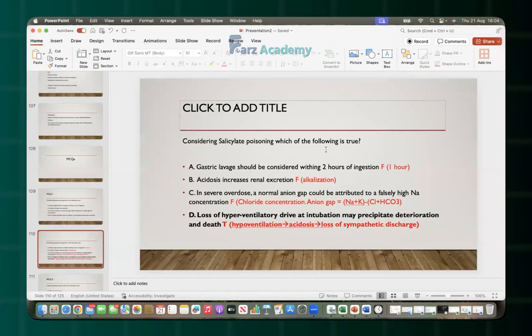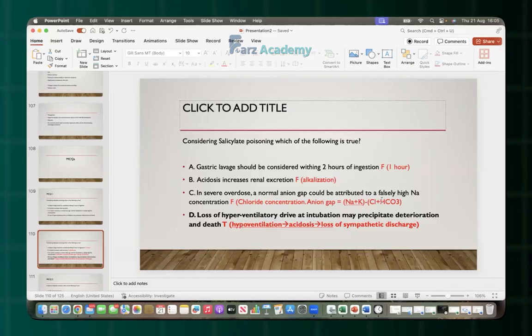In case of severe overdose, a normal anion gap could be attributed to a falsely high sodium concentration. It's false. It's chloride concentration. As you know, the formula for anion gap, you must be aware, it's very important. It's sodium and potassium minus the chloride and the bicarbonate.